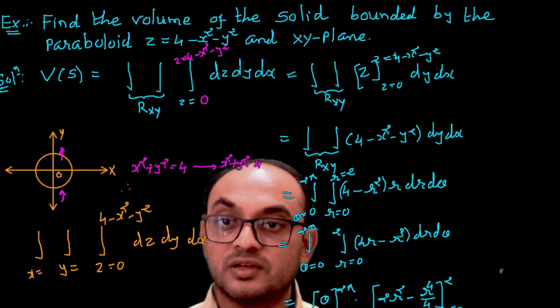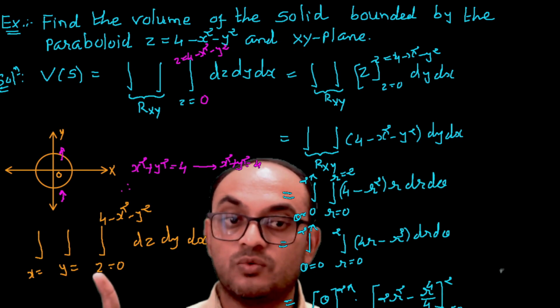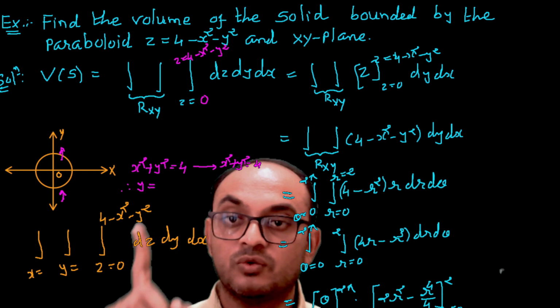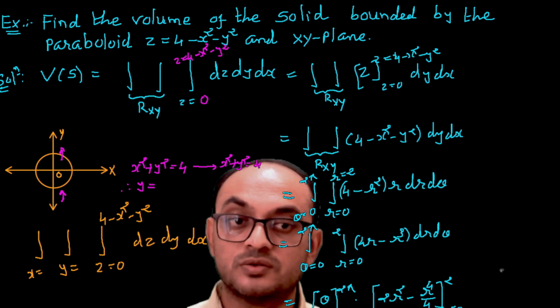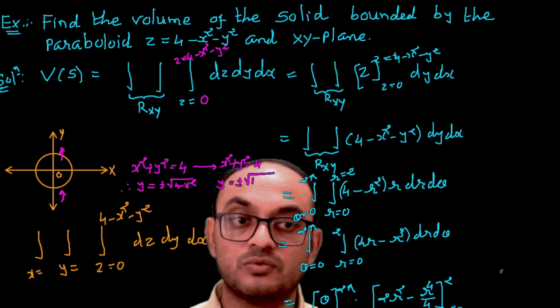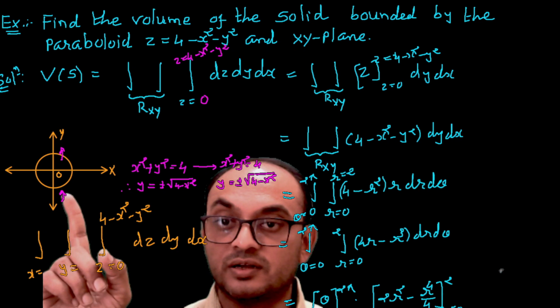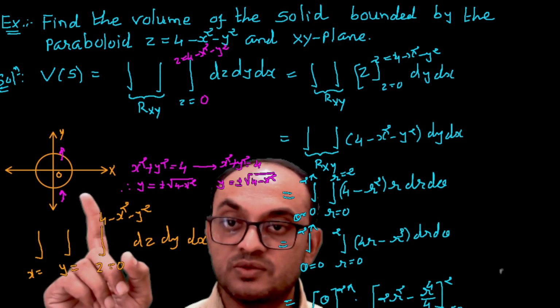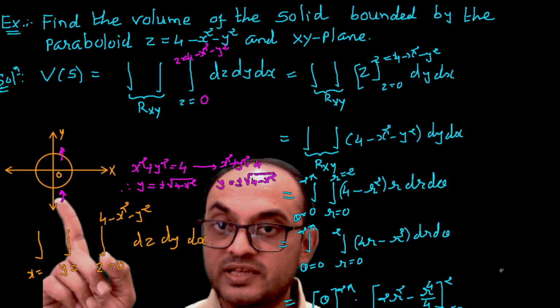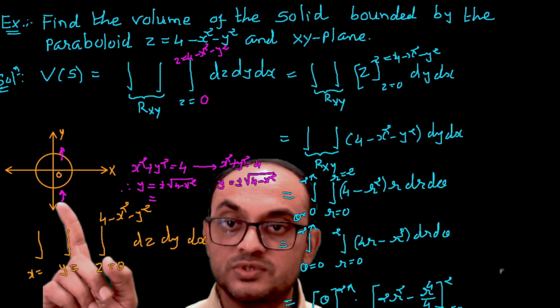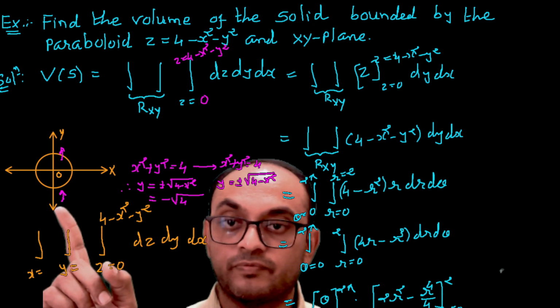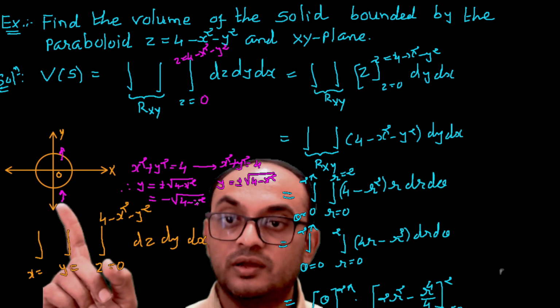So what is y here, because I have to write y is equal to? y square is 4 minus x square, so y is plus or minus under root 4 minus x square, and the same equation is here. Now see, we are entering, which quadrant is this? This is the fourth quadrant, and in the fourth quadrant y is negative, so I choose the minus sign. Clear?